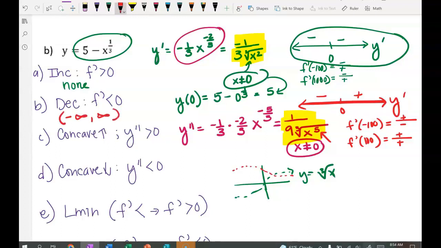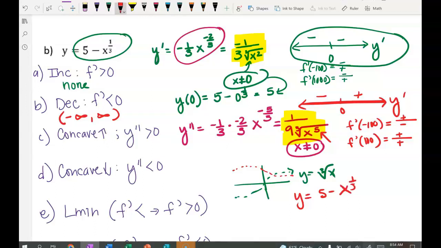We include infinity because even though the first derivative was never 0, the value of the original does exist. The original is 5 minus x to the 1/5, right? It decreases the entire way.